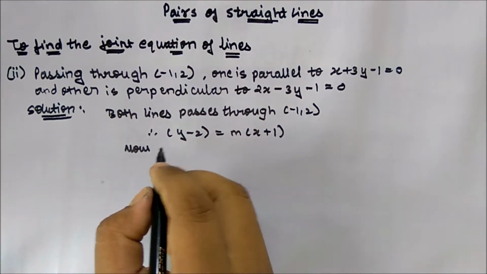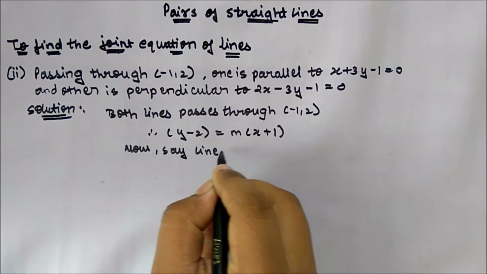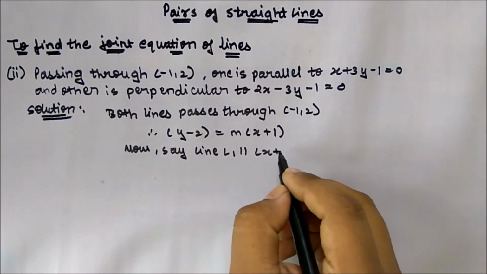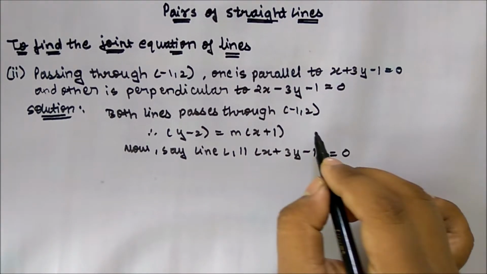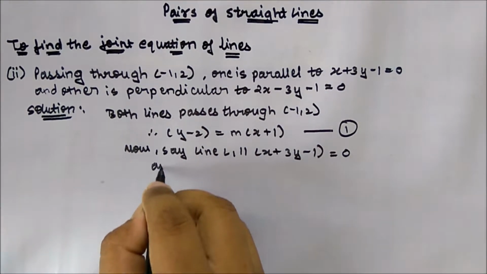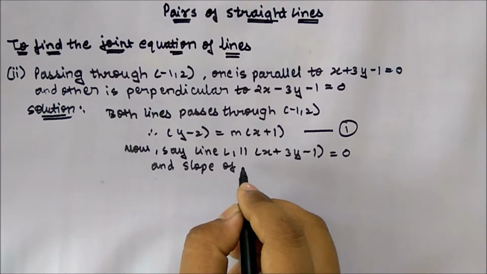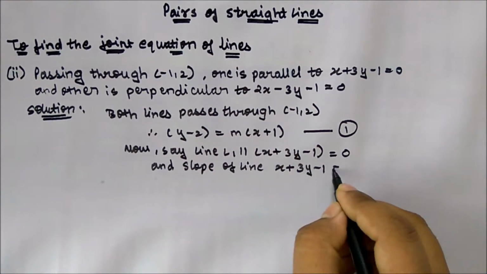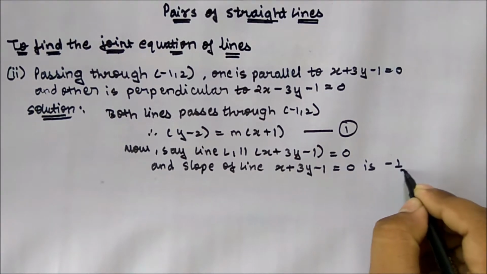Now say line L1 is parallel to this line x plus 3y minus 1 equal to 0. Let's say this is equation number 1. The slope of x plus 3y minus 1 equal to 0 is minus 1 by 3.